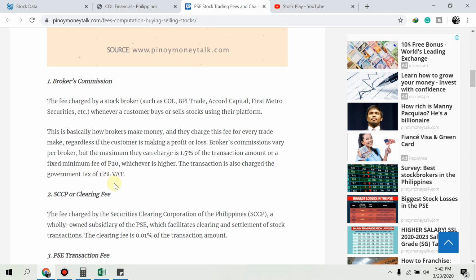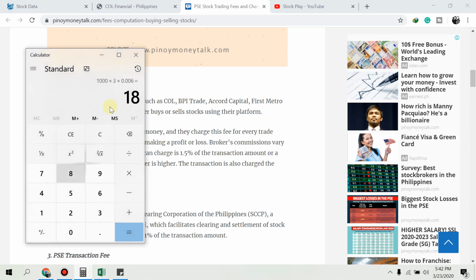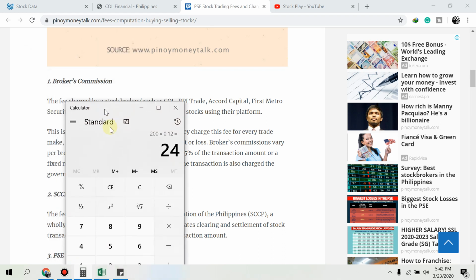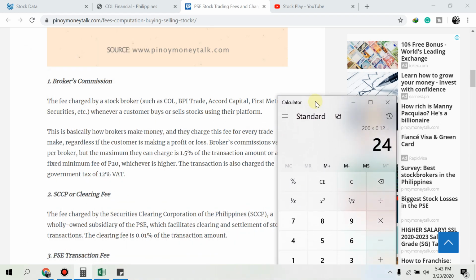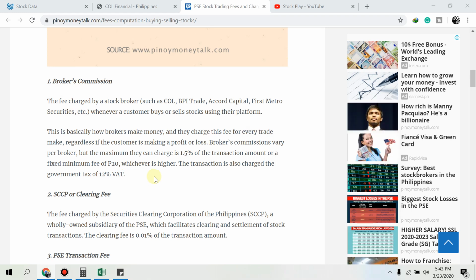So, for example, 200 nga, ano? So, plus 200 multiplied by 12% equals 24 pesos. So, meaning, 200 plus 24 pesos, no? Yung ating babayaran dito sa ating broker's commission at yung value added tax.